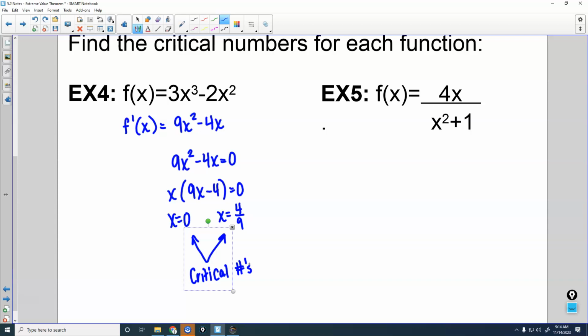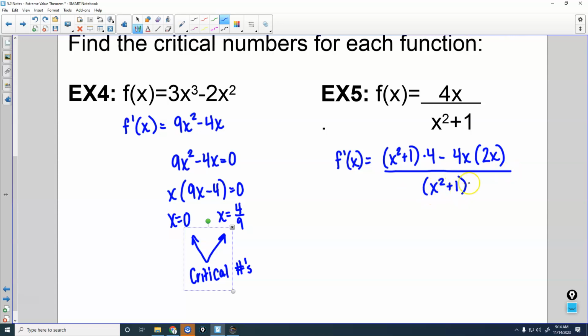Example 5 is a little bit tougher because the derivative is a little harder to find. So if I take the derivative of this, what do I have to use? Quotient. So f prime of x will be x squared plus 1 times 4 minus 4x times 2x all over x squared plus 1 squared.